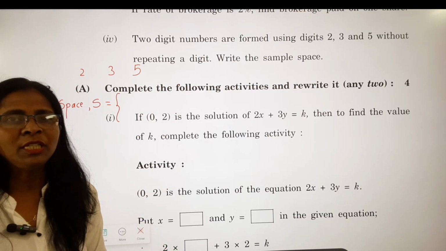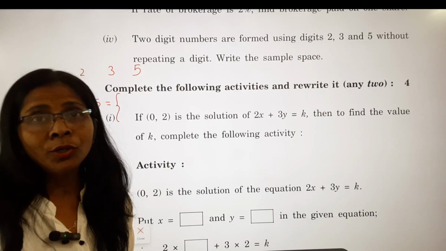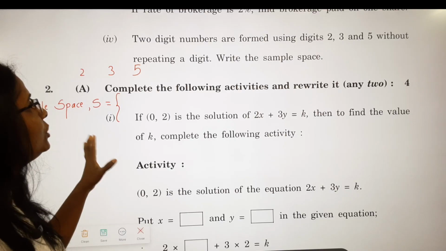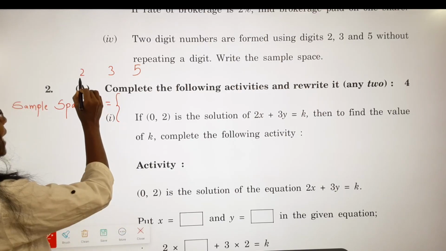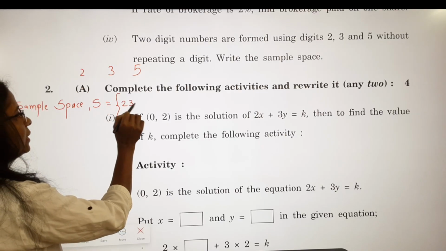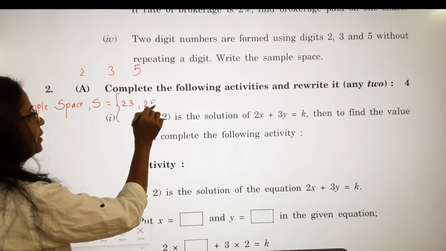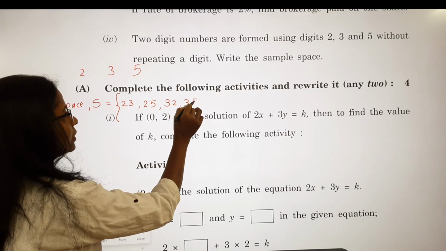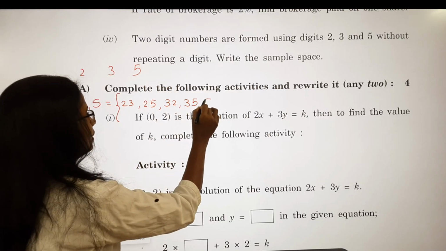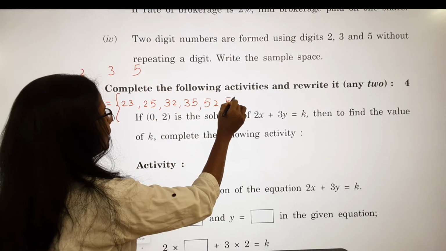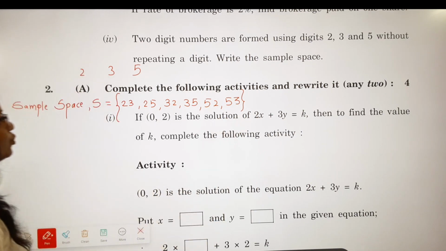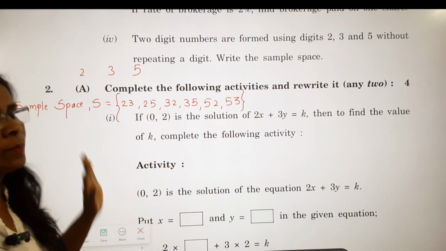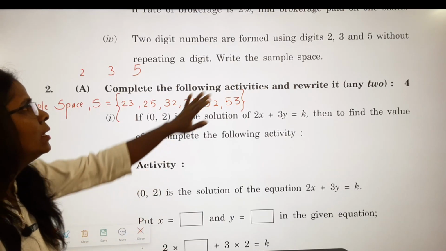Without repeating a digit means 22, 33, 55 are not to be written. So the 2-digit numbers starting from 2 are 23, 25, then starting from 3, 32, 35, then starting from 5, 52 and 53. This is only the sample space. They ask only to write the sample space.